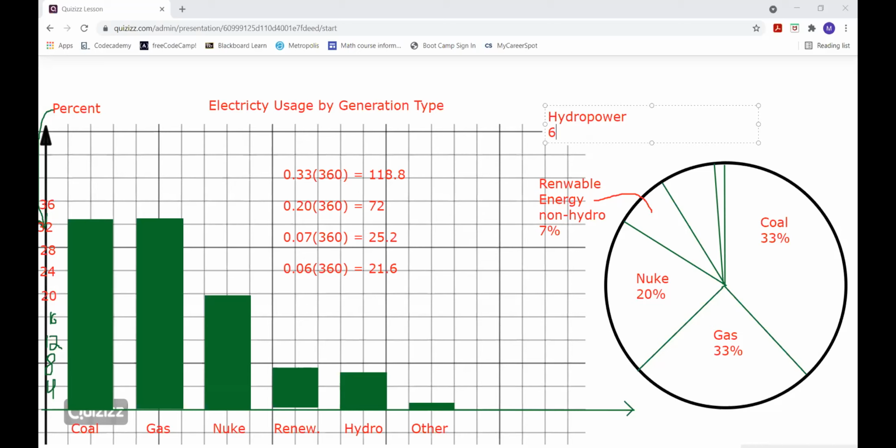This is 6%. And then I'm going to put other 1% way over here. I don't feel like making a new box. I'm just going to put it. Actually, I should move this over a bit, huh? Let's move it all over a wee bit.